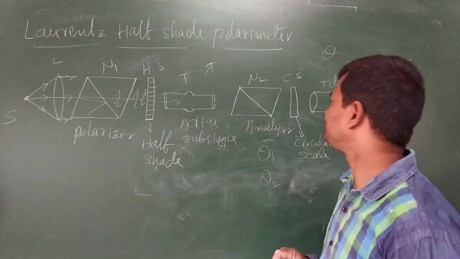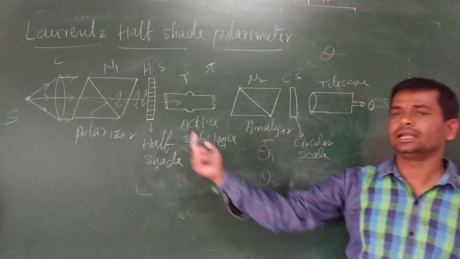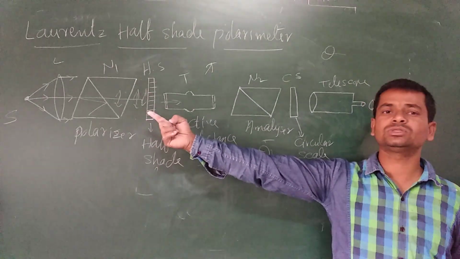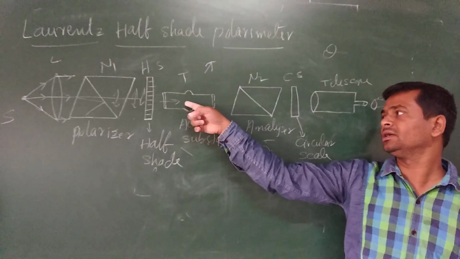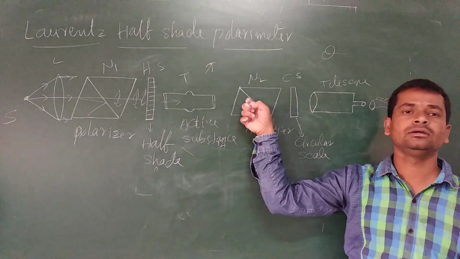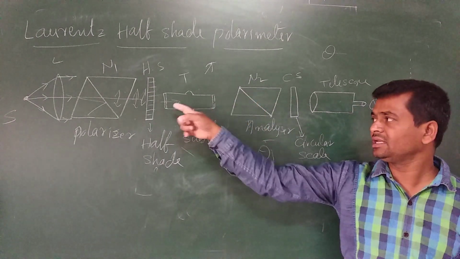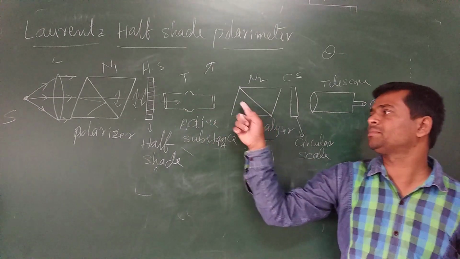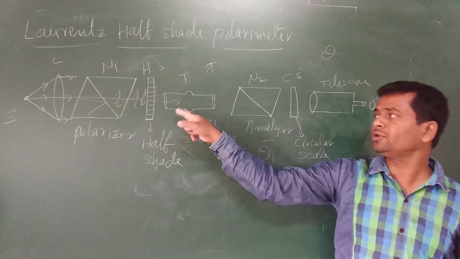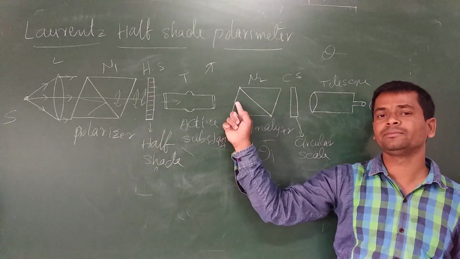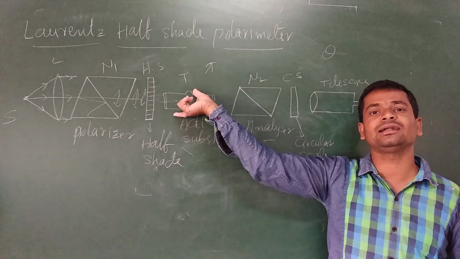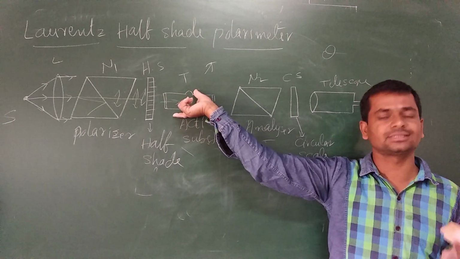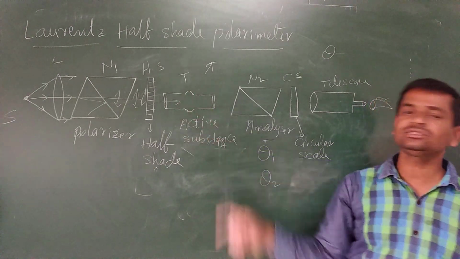Okay. And now see here, light is coming from the source, a monochromatic source, and this enters into this tube and into the analyzer. But here, what happens? Now it is parallel to this one. So before it, we have observed it is bright. When you keep an active substance here, which contains a solution of sugar or salt, then the rotation changes.